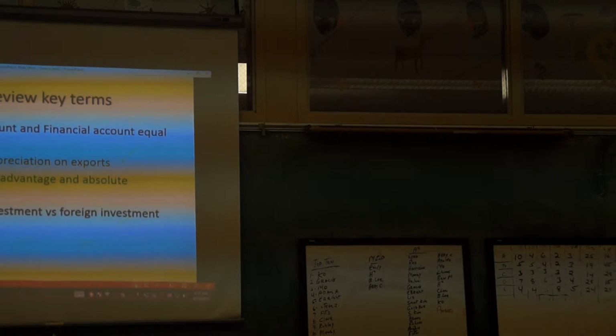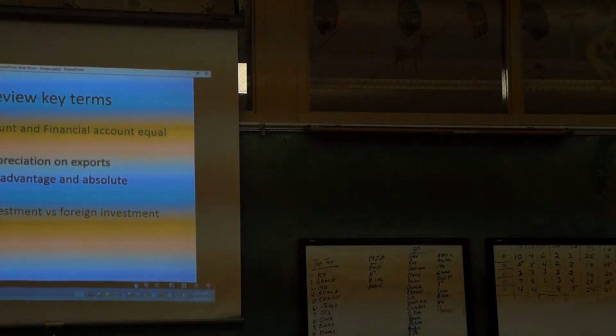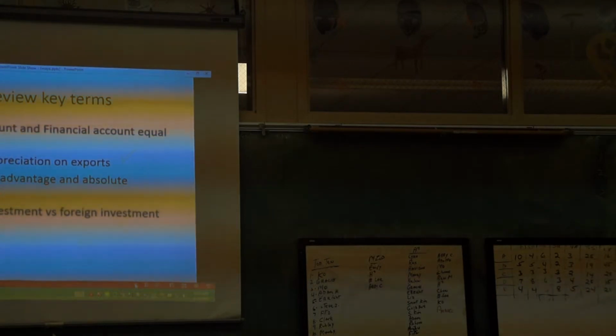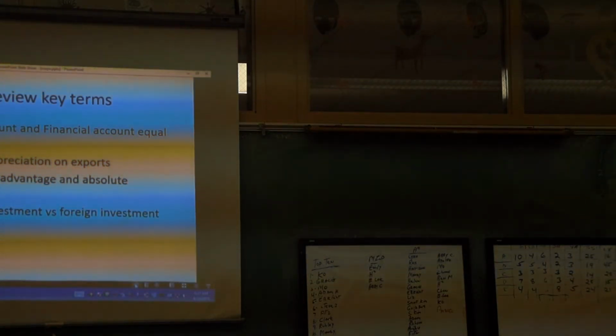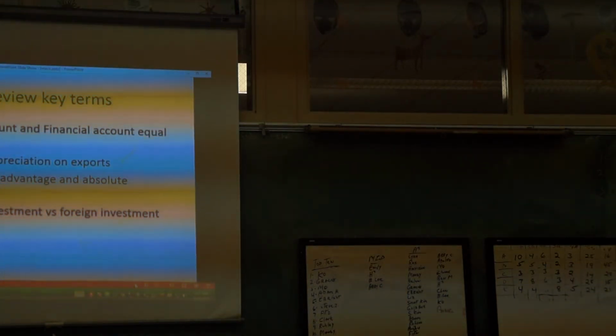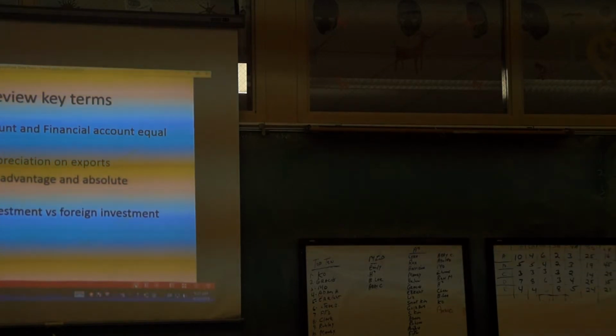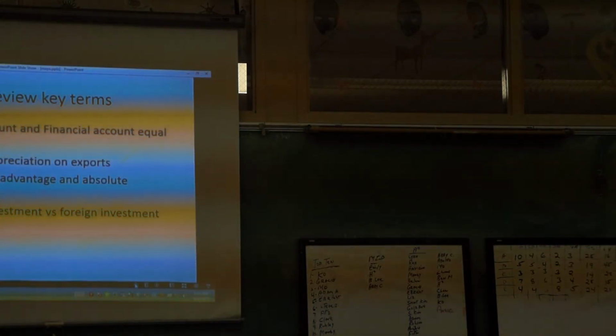Foreign investment is more when you're looking to invest your money by loaning to countries. So you might be purchasing a bond, okay? So therefore you're looking for the highest interest rates.